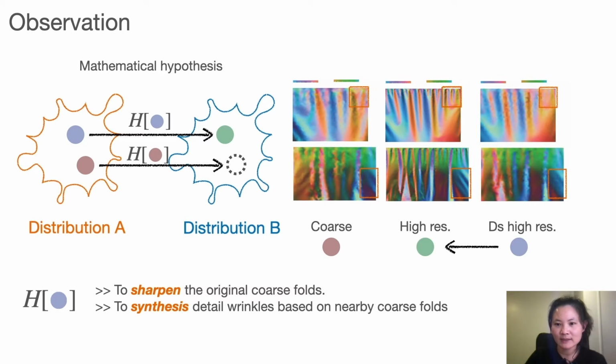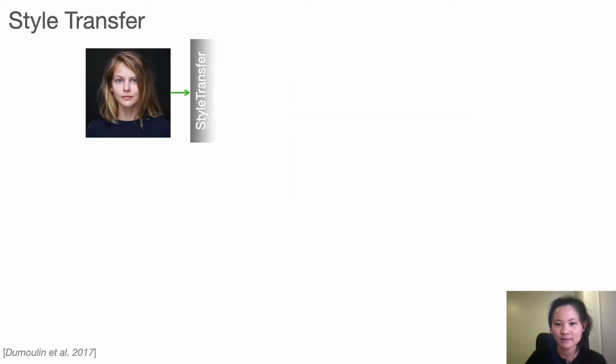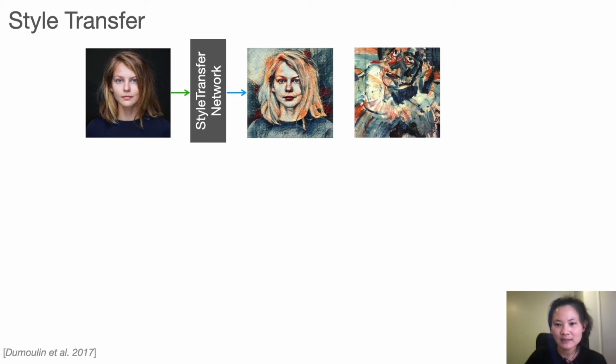Now we consider the detail wrinkle enhancement task as finding two distributions that respectively represent the low-resolution and high-resolution normal maps and formulating the transfer function. The recent success of image-based artistic style transfer methods gives us significant inspiration. A stylized image is produced by feeding a content image through the style transfer network.